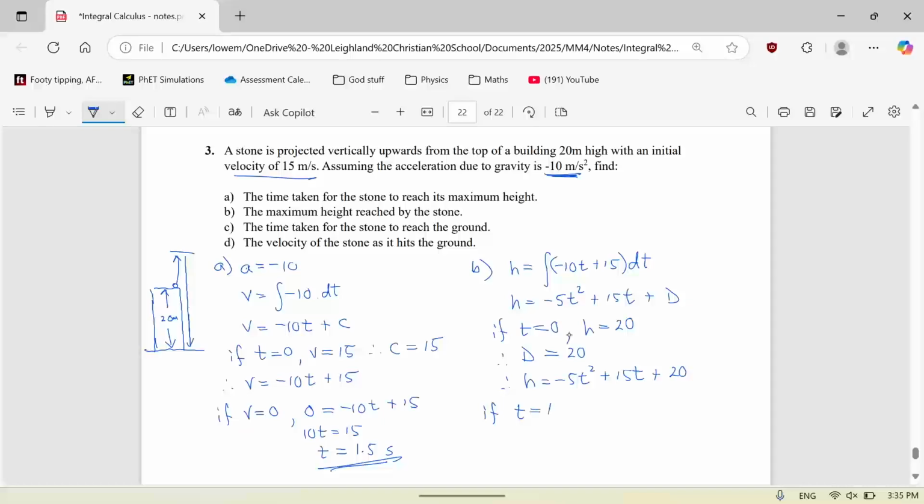So if t equals 1.5, then our height h is going to be negative 5 times 1.5 squared plus 15 times 1.5 plus 20, which if we calculate that is 31.25 metres. So the maximum height is 31.25 metres.